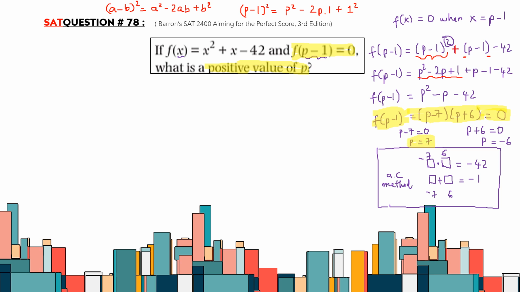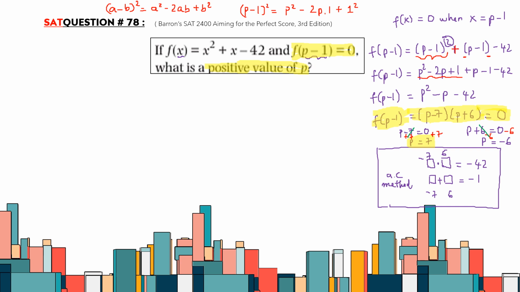So p equals 7 is the right choice. Remember we add 7 to both sides to get the answer, and subtract 6 from both sides. Then this cancels, this cancels.